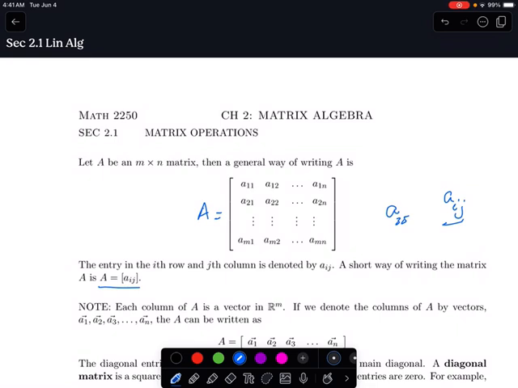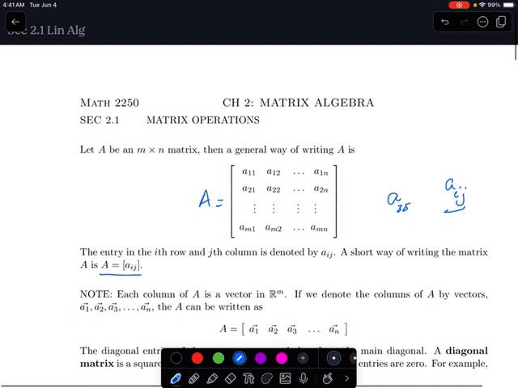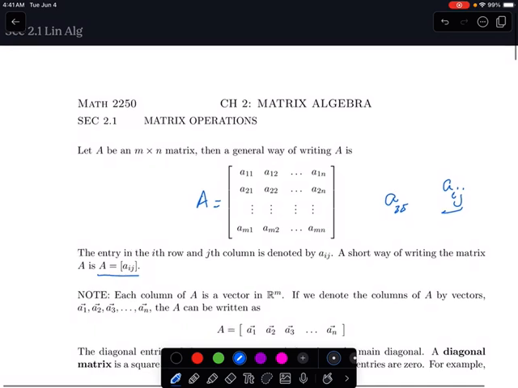In the same way, if we have a matrix B, then we can write B as bracket bij bracket closed. In the same way, a matrix C can be written as cij in brackets. So this form will be helpful when we do proofs.